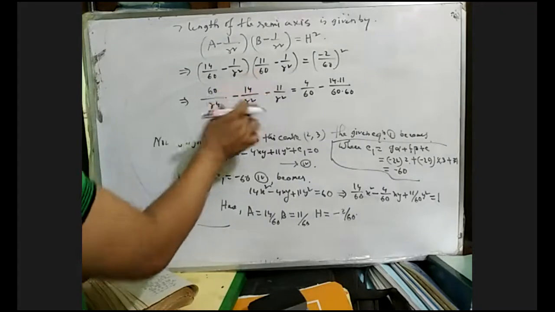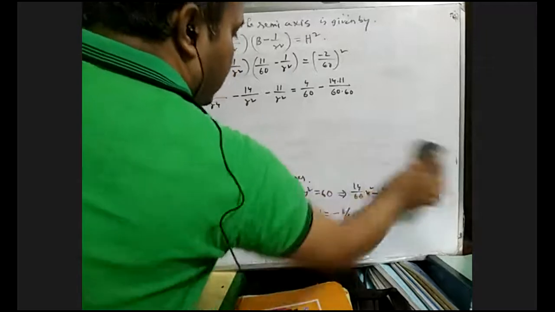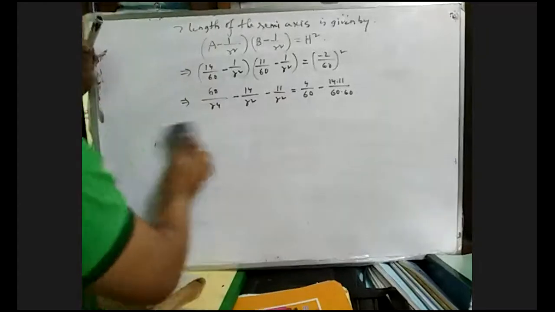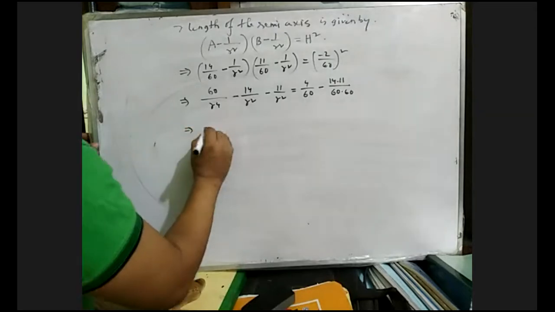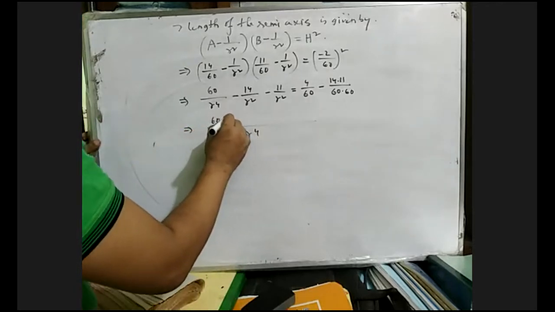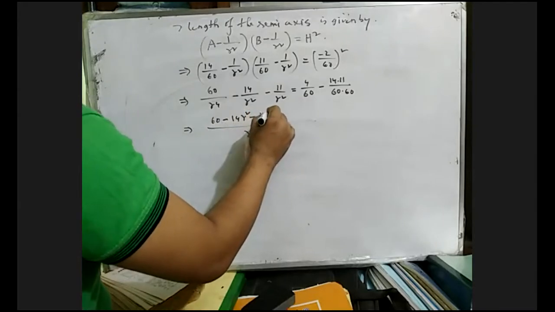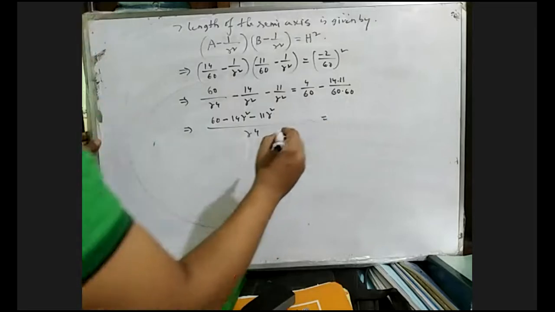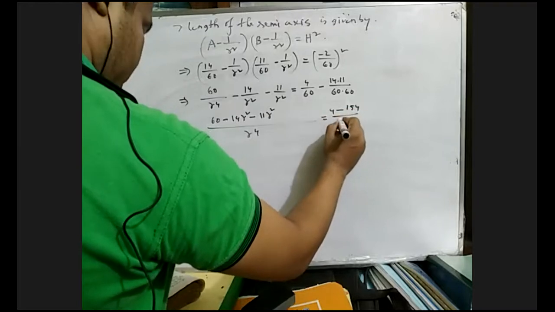Just after multiplication we get this line. So taking LCM, r to the power 4 is the LCM: 60 minus 14 r square minus 11 r square equals 4 minus 154 by 60.